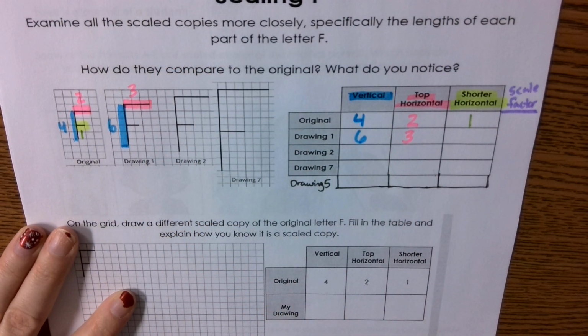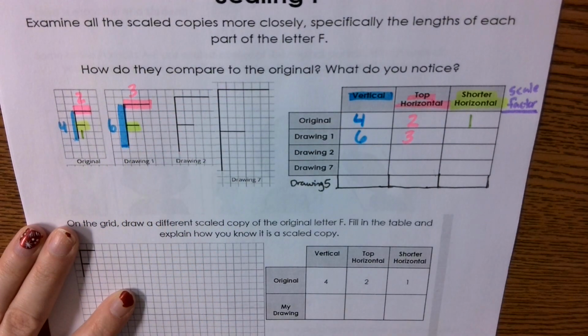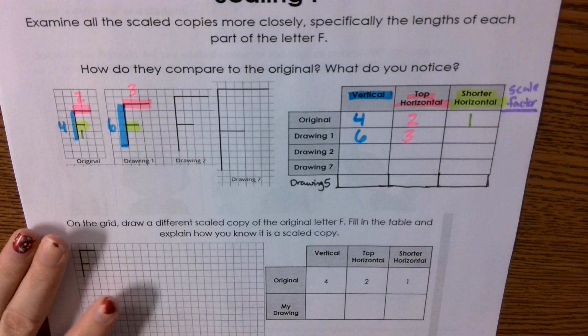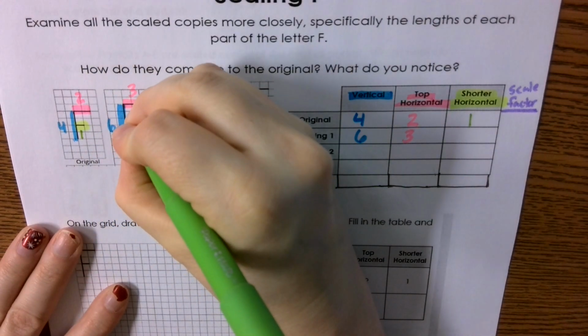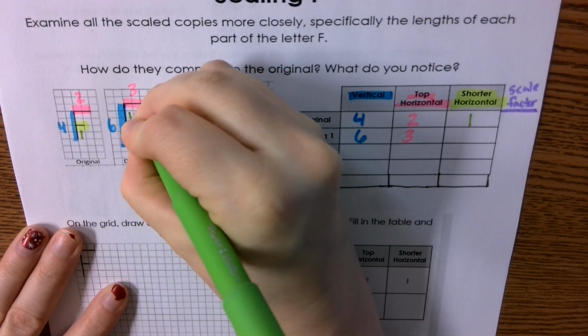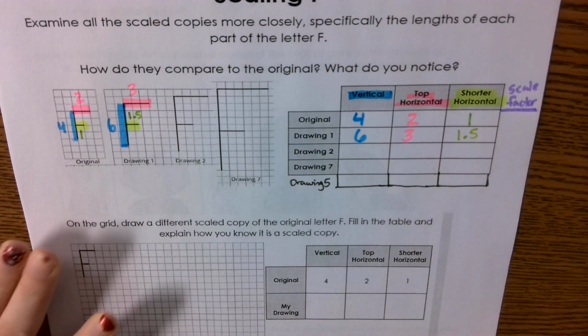And then for the horizontal middle line, how much is that going to be? Say it again. 1.5, right? It covers one whole box and then half of a box. So it's 1.5 for that one.